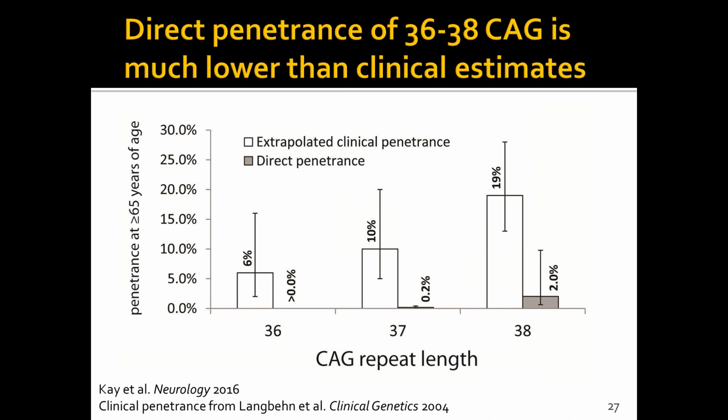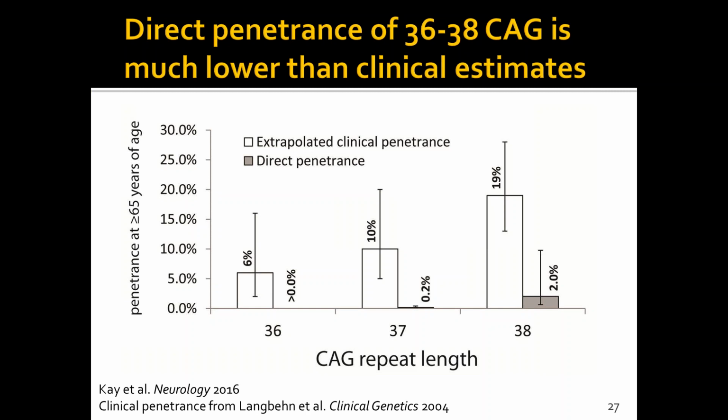Have there been any studies regarding gender and the increase in repeats between generations? Most new expansions, most new mutations for Huntington's disease come from a father. So there's primarily paternal inheritance of a new mutation.